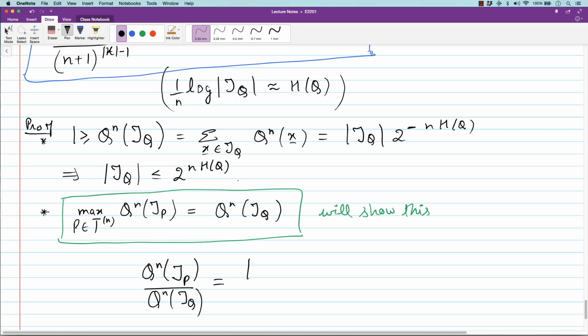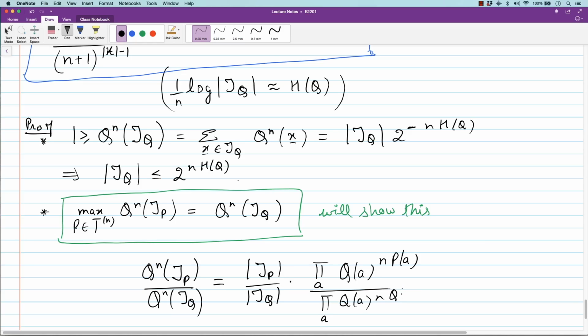Since the probabilities under any independent measure for the type set are all constant, this becomes just the cardinality of T_P by cardinality of T_Q times the probability under Q of any sequence of this type. That probability, as we saw earlier, can be expressed as Q(a) to the power nP(a), because the sequence of type P has nP(a) instances of a. And this guy here can be written as Q(a) to the power nQ(a).